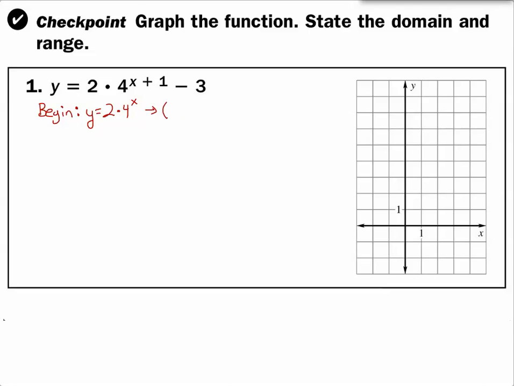That has the point 0, let's see, 4 to the 0 is 1 times 2, so (0, 2), and it also has the point 1, 4 to the 1 is 4 times 2, so (1, 8). Boom. So (0, 2), (1, 8). Make our graph.